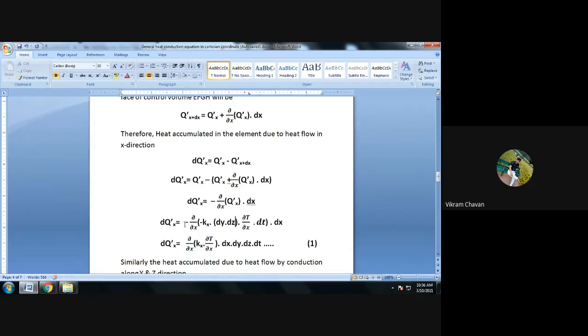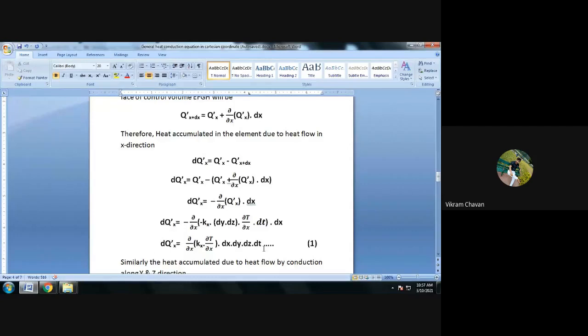Now the minus sign outside the bracket and the minus sign inside the bracket cancel, or are converted into a plus sign. So no minus sign over here. And we have taken dx, dy, dz and dt as constants out of the differentiation bracket. So this provides equation number 1 for the net heat flowing in the x direction.